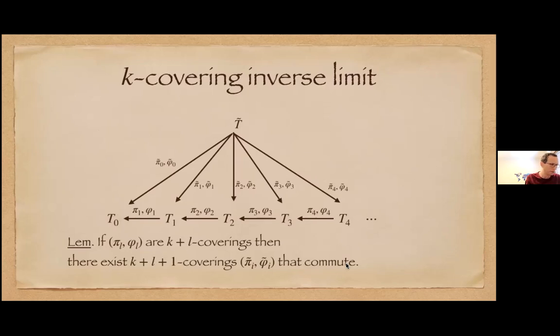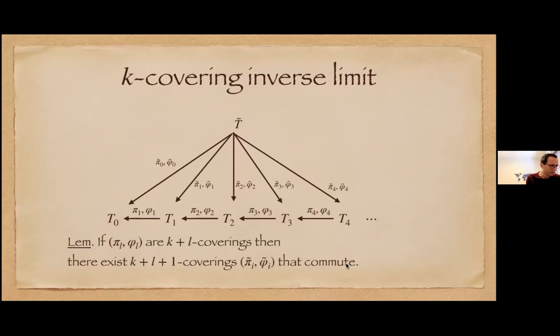If you look carefully at the diagram, you see that these are the numbers that I need. I need pi tilde L to be a k plus L plus 1 covering, whereas pi L need only be a k plus L covering.